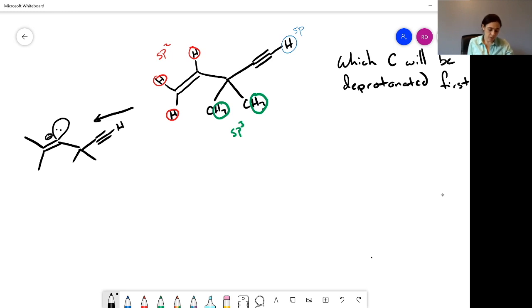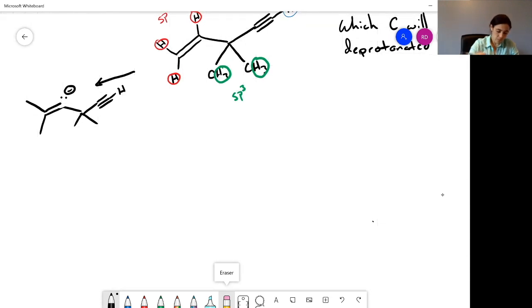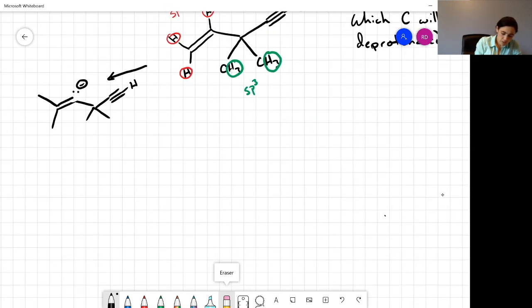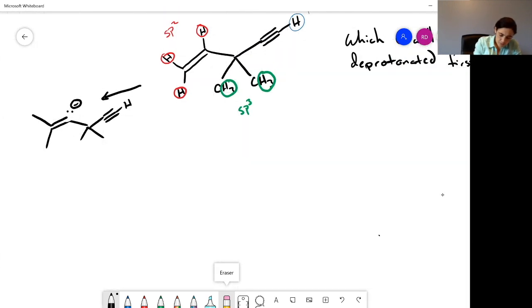So when we draw this, and I guess another way of drawing it would be just to make this a little easier. This is how it would conventionally look. This lone pair is not part of our pi system of the double bond. This is perpendicular to that, so it's in its own p orbital adjacent to that.